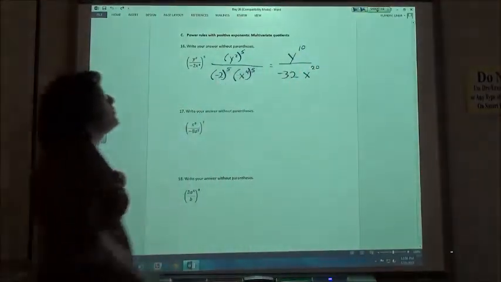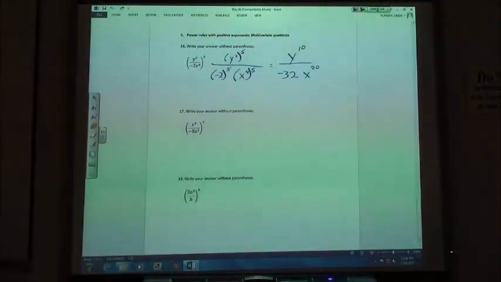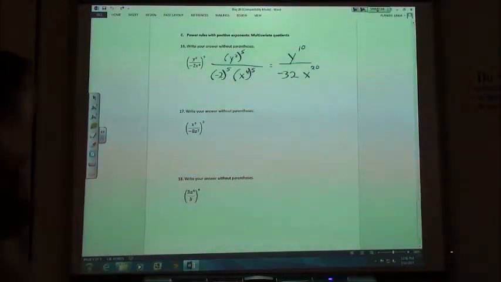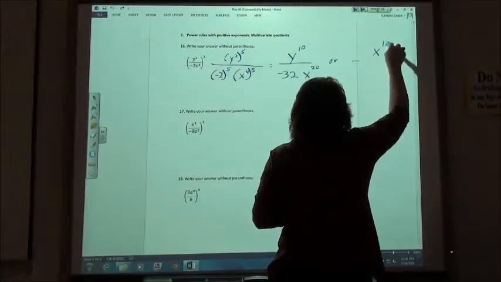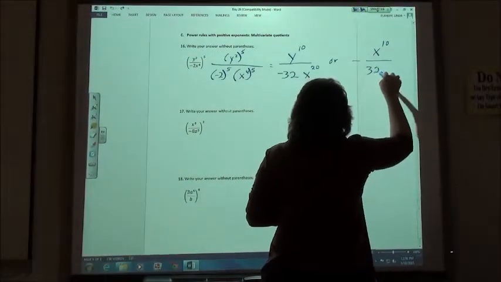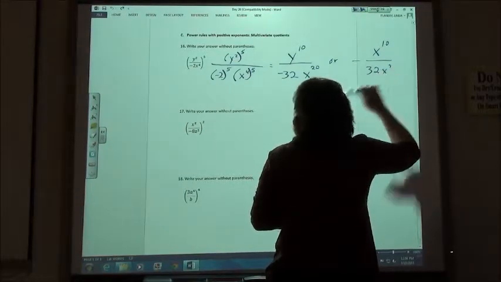Now, if you guys put this one in like that, it's going to say it's correct, however, we know by now, hopefully, that Alex doesn't like negatives in the bottom of the fraction. So if you put it in that way, it'll say it's correct, however, the better form would be putting the negative in front, because a positive divided by a negative makes the whole fraction negative. Whoops, that's supposed to be a y.